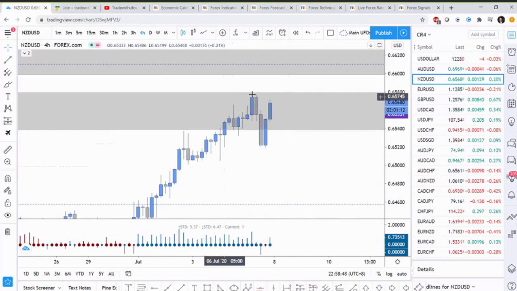And once we've determined that, along with other factors that we go through in our training, or you may have your own ways of determining trend and all that sort of stuff, this is where we would go down to our 15-minute time frame, right?